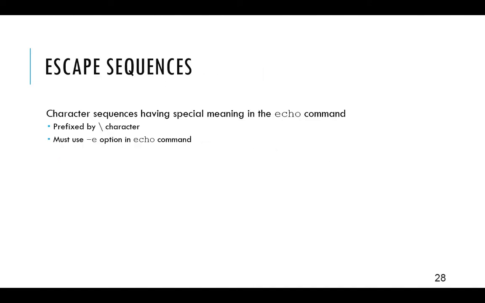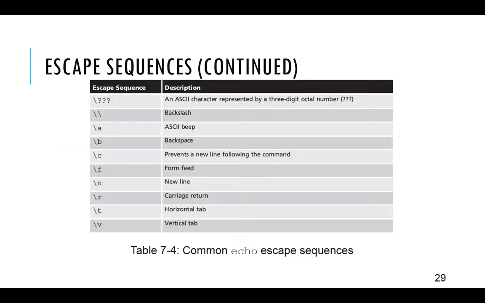Character sequences have special meaning behind the echo, prefixed by this backslash character. You must use the -e option in the echo command for an escape sequence. What does an escape sequence do? It allows you to format your output. So if you needed a table structure or whatever, you can do that.